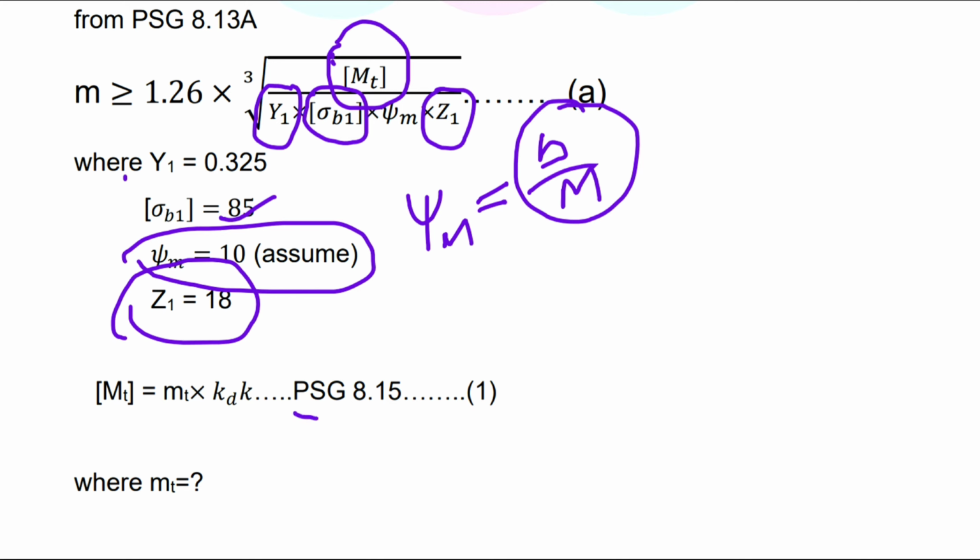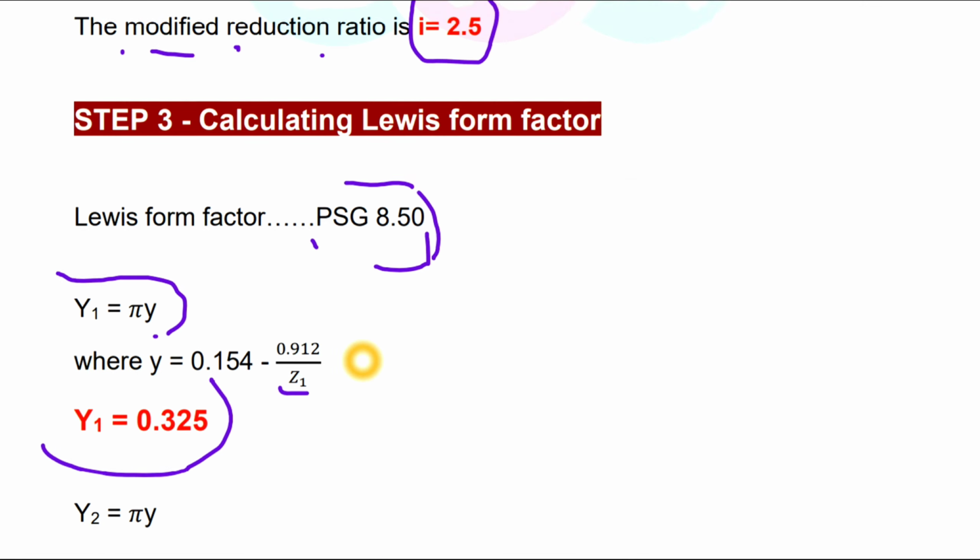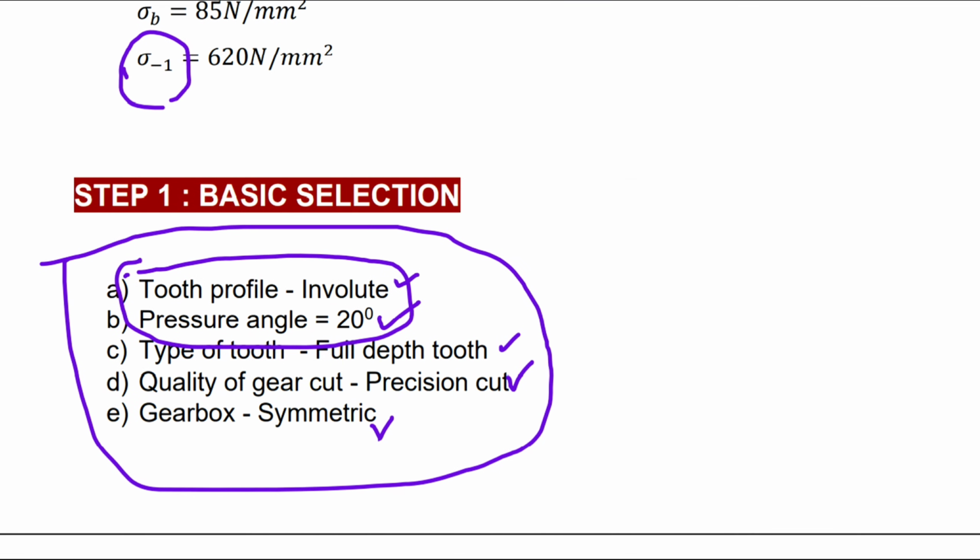You will get these on PSG 8.15, where small mt and this kdk, you will get the value there itself. Now how will you decide this kdk value? As in step number 1 we selected how our gearbox will be, our gearbox is symmetric.